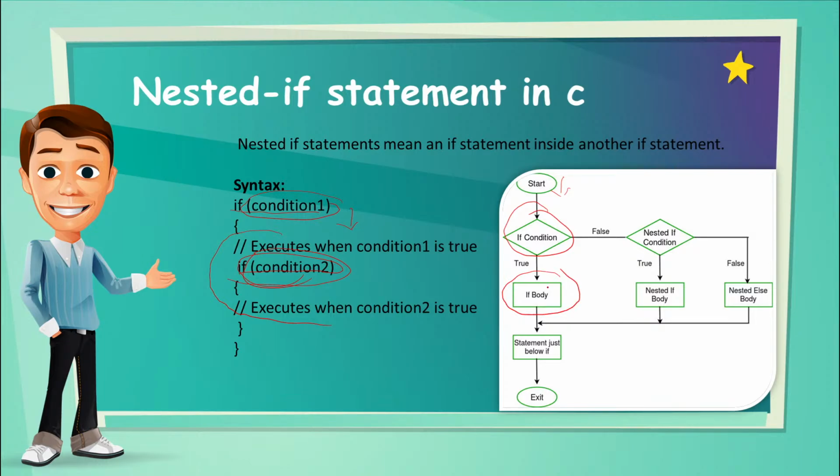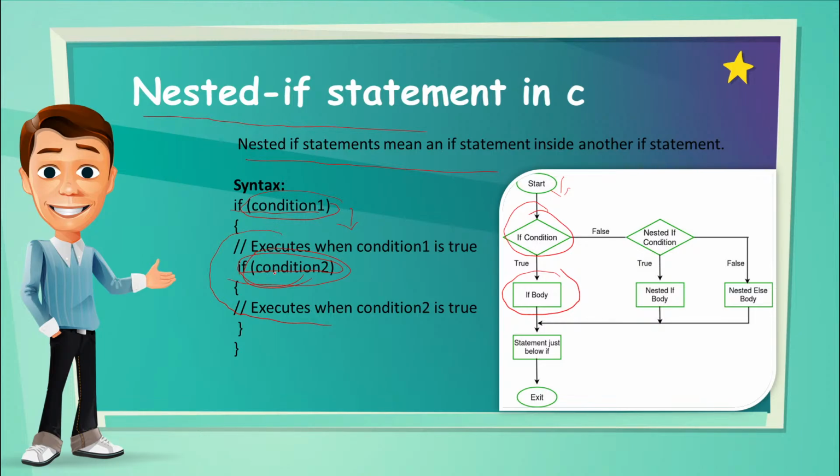Inside the if body, it might have one more if. Whenever the if statement has one more if condition in the if block, that particular statement is said to be a nested if statement. So nested if statements are nothing but inside an if, one more if will be there.